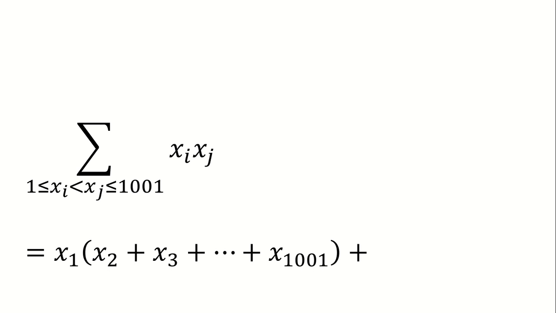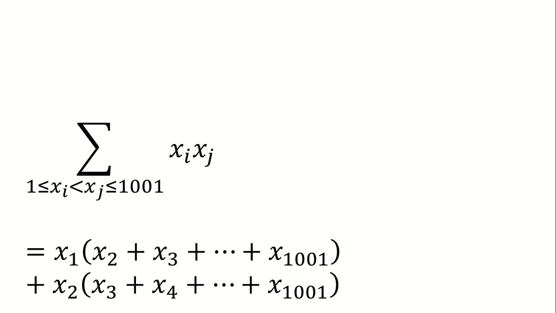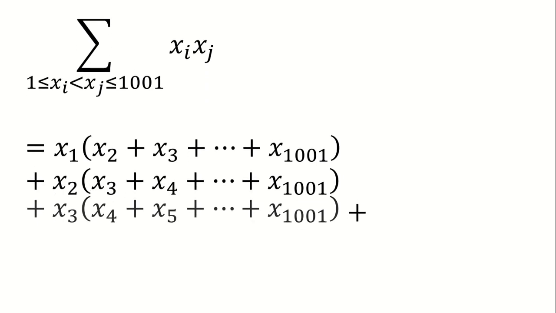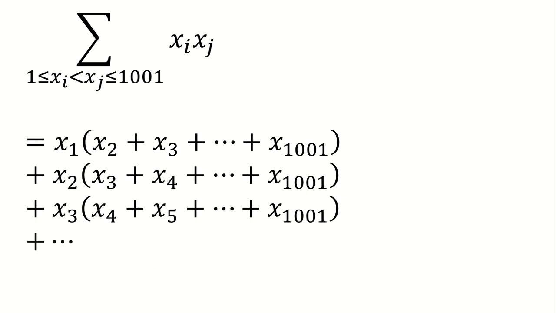So the expansion of this expression is going to be x1 dot (x2 plus x3 plus etc. plus x1001), plus x2 dot (x3 plus x4 plus etc. plus x1001), and this continues to x3, x4, and finally x1000 is multiplied by x1001. So at each step we have one less term than the previous expression.